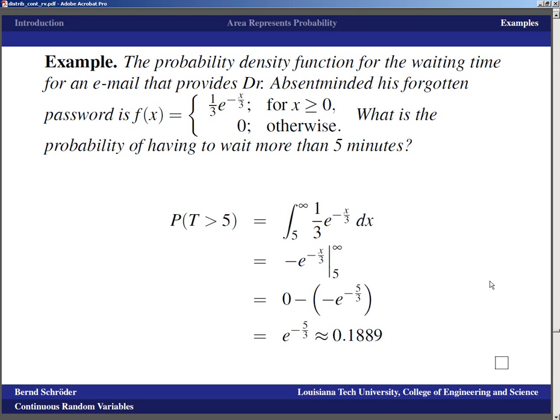And that's how we can then interpret probabilities, and waiting times will be an example that we're going to look at quite a few times in our presentations on continuous probability, because the waiting time is connected to the very important engineering concept of time to failure.